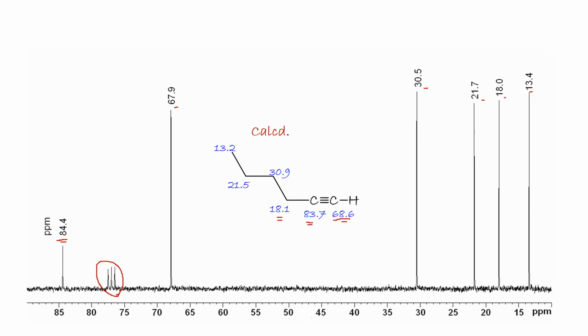This one is 18, we have one at 18. This one is 30, we have 30.5, 21.5, 21.7, 13.2. Here we are 13.4, matching well. So the structure is hex-1-yne.